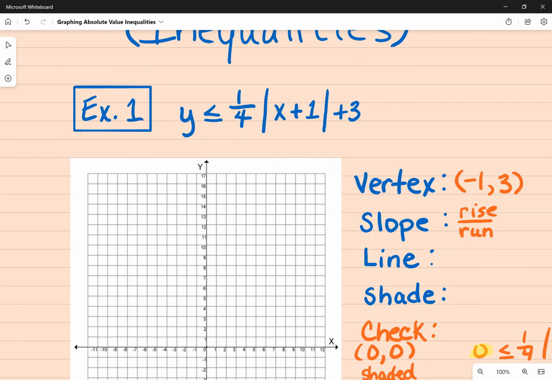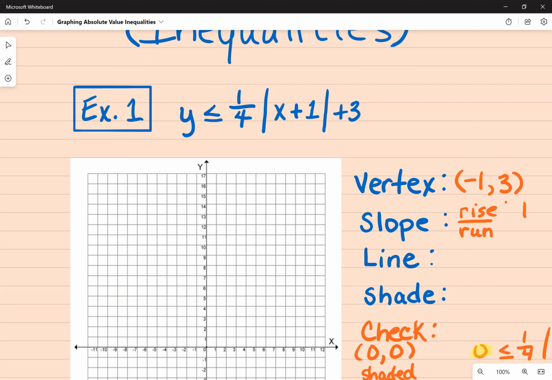Now, the reason I personally like to use my vertex is because I can figure out my graph based off of my vertex and my slope, which is always what's right before my absolute value symbols. Once I figure that out, I know that an absolute value graph is symmetric, so it's pretty easy to graph it. So for my rise, that's going to be the 1.